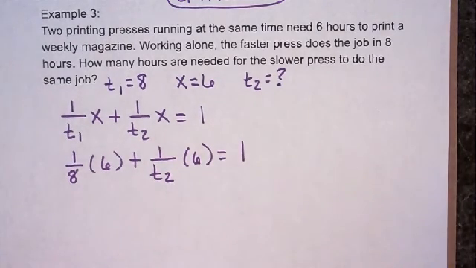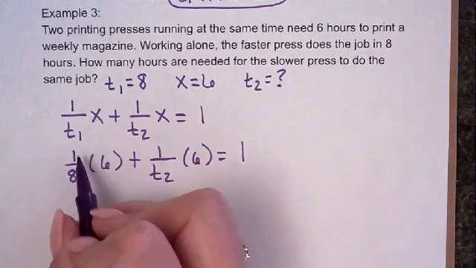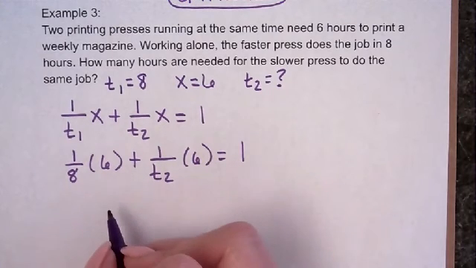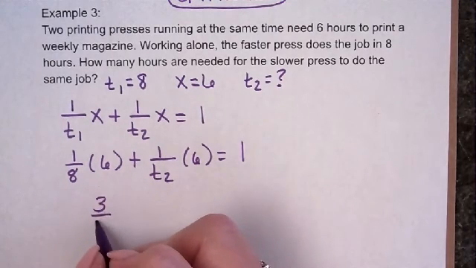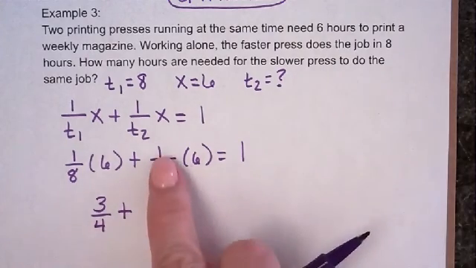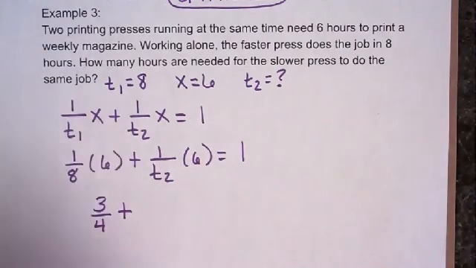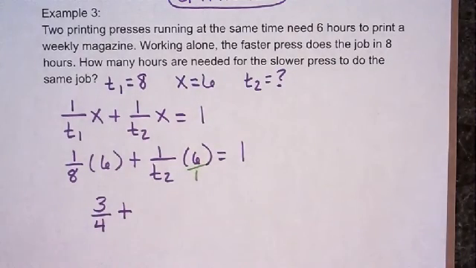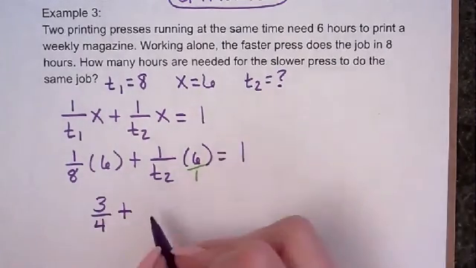Now, if I multiply 1/8 times 6, I'm going to get 3/4. Plus, now over here, remember, this would be like saying 6 over 1. So if I multiply that, the 1 times 6 is 6.